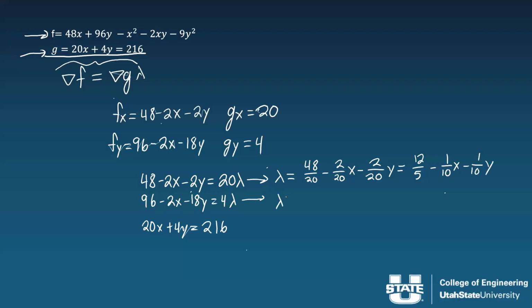And down here we get lambda equals 24 minus 1/2 x minus 9/2 y. And now that we've solved both of those equal to lambda, we can set them equal to each other.